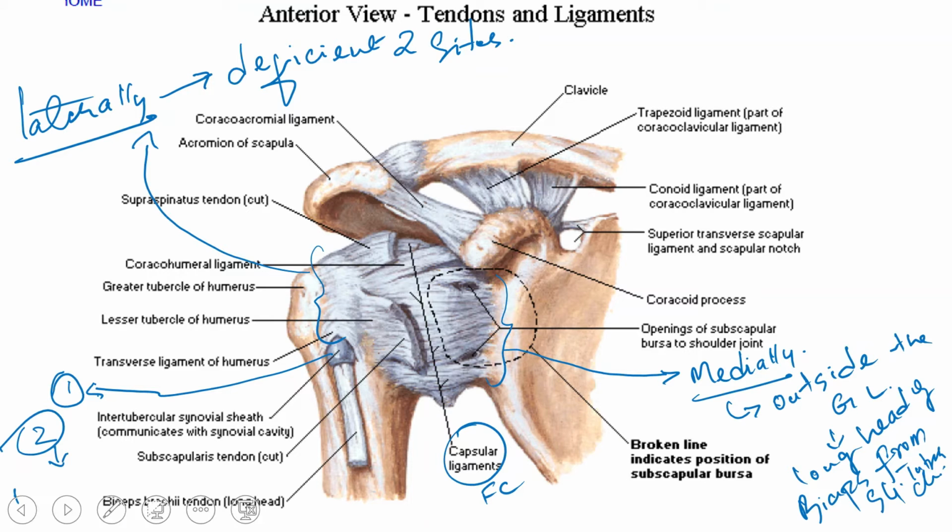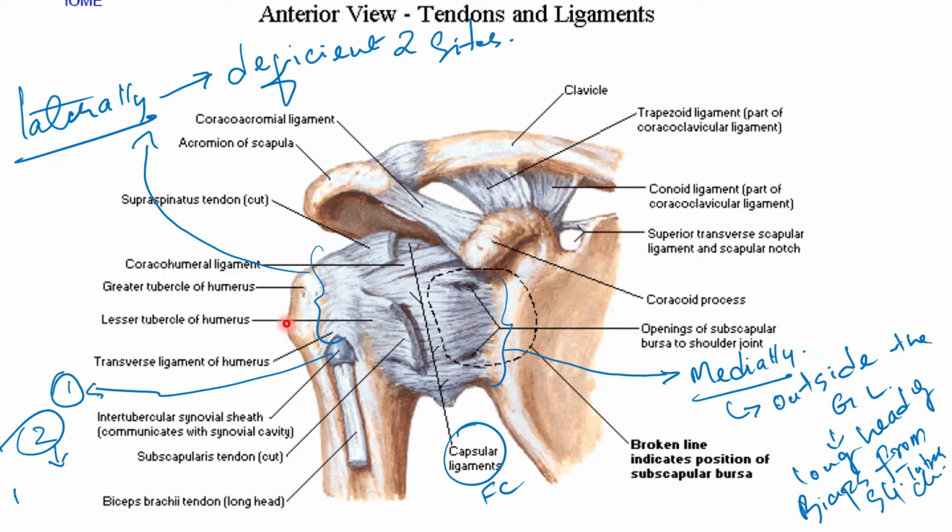So this is about the attachment of the fibrous capsule onto the joint. I repeat, the fibrous capsule is attached over the peripheral margins of the joint cavity. Along the medial aspect, it is attached to the margins of the glenoid cavity outside the glenoid labrum, and this includes the attachment of the long head of the biceps from the supraglenoid tubercle.